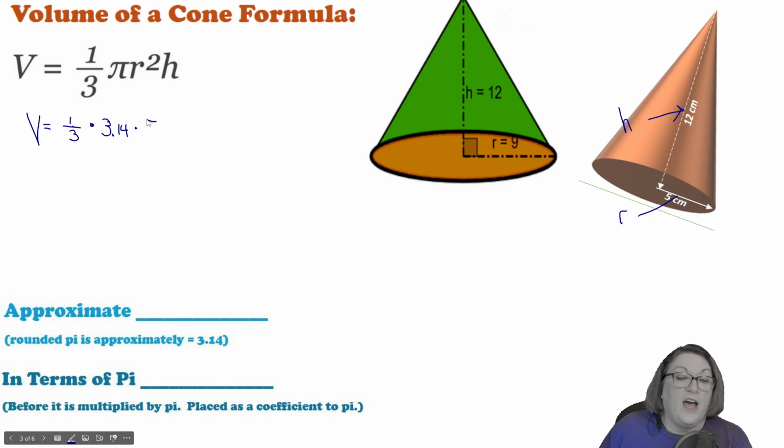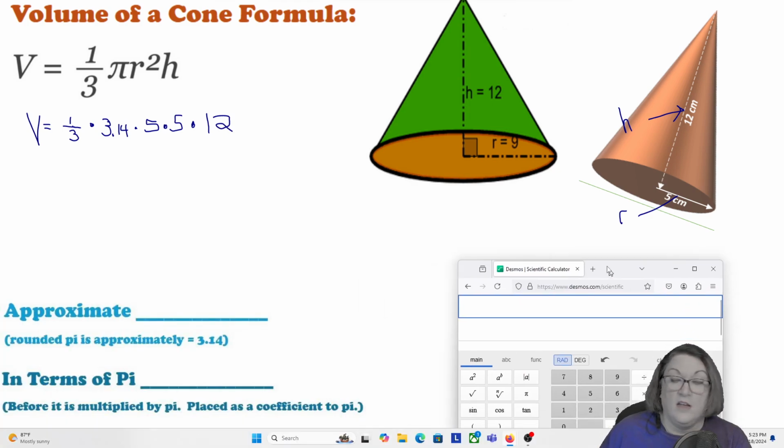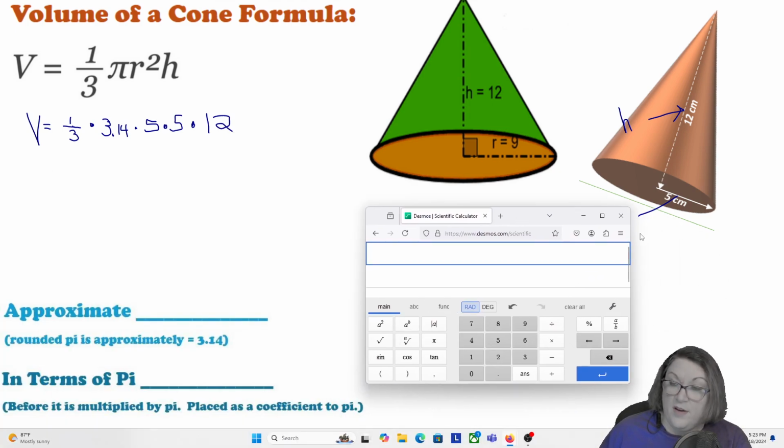So 5 squared means that we're going to multiply 5 times 5. And then times the height, which is 12. Okay, so all of this should give us our approximate value of the volume of the gold cone over here. So let's type it in. And this time I'll put the V in just to show you that if you put the V in, you'll still get the right answer. You don't have to though.